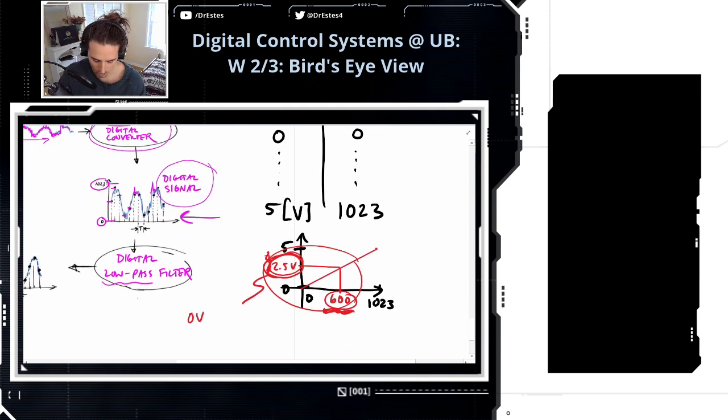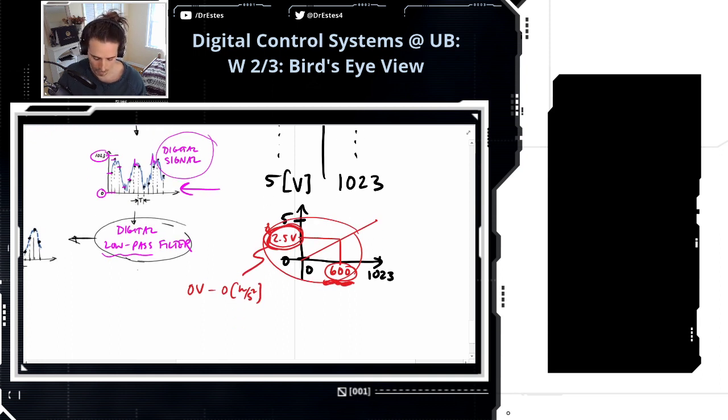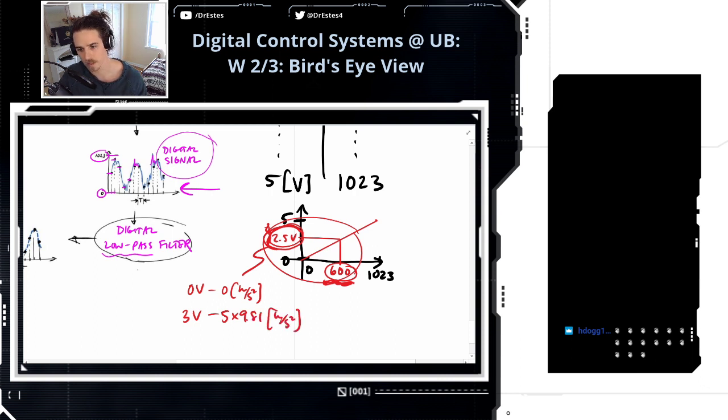Like it might be 0 volts is 0 meters per second squared of acceleration, and maybe 3 volts is like 5 Gs or something. So like 5 times 9.81 meters per second squared. Something like that.